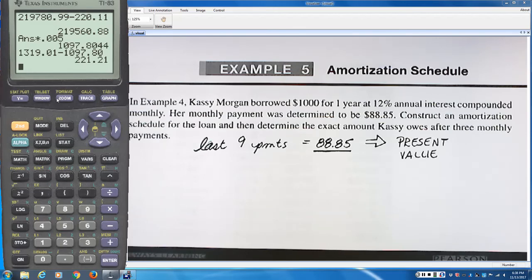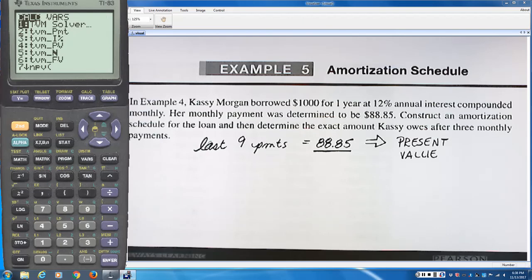So we'll go over here and do the annuity. And she's only going to make 9 payments. And her annual interest rate is 12%. And it's being compounded monthly, so we've got 12 and 12 for the P/Y and C/Y.